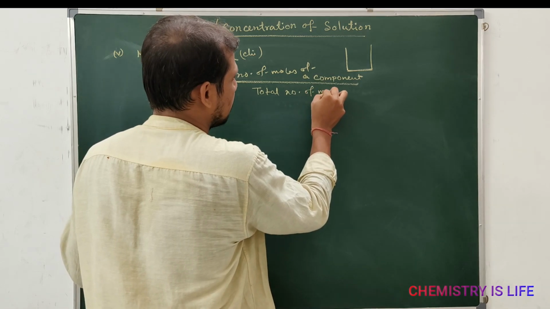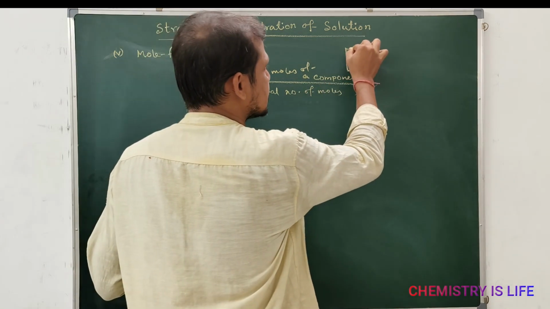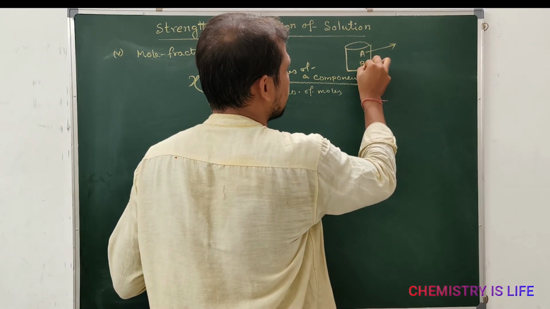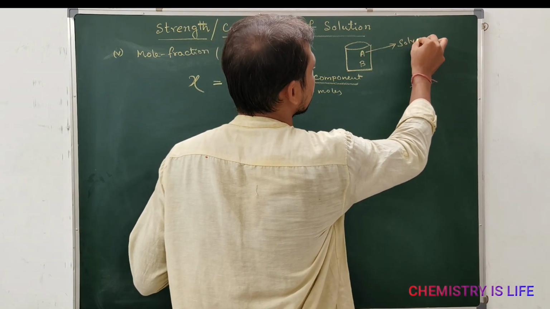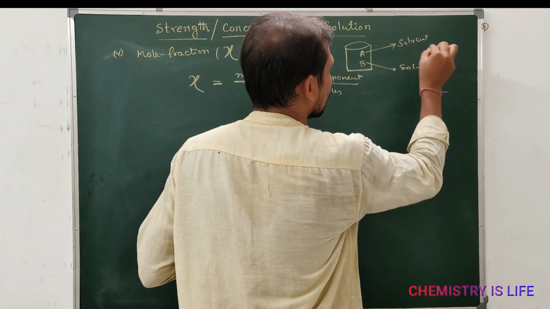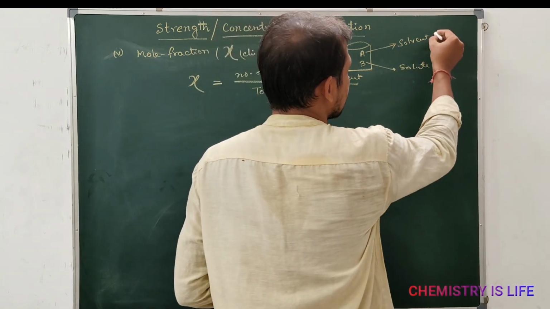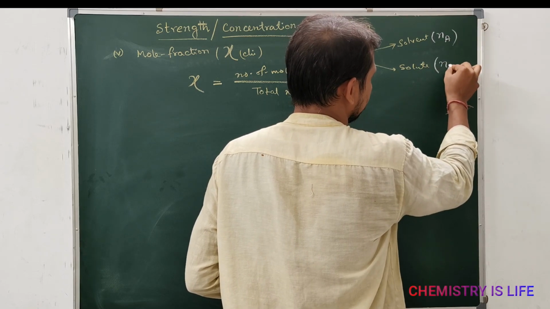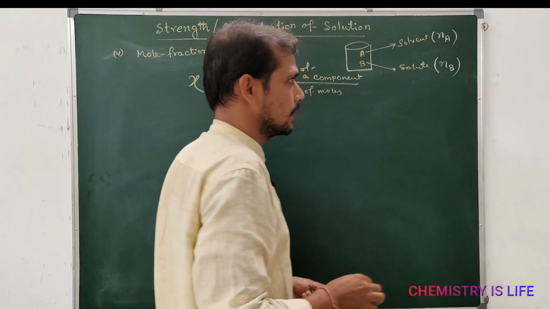I am giving an example like this. Let's take a solution of A and B. A is the solvent and B is the solute. The solvent has number of moles Na and the solute has number of moles Nb.